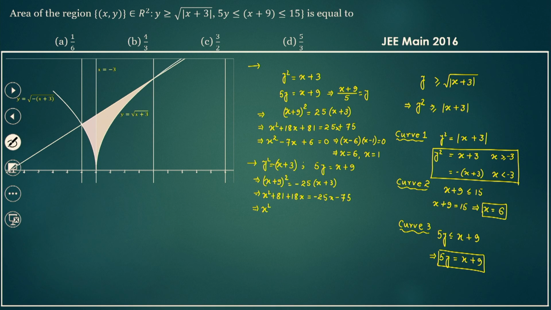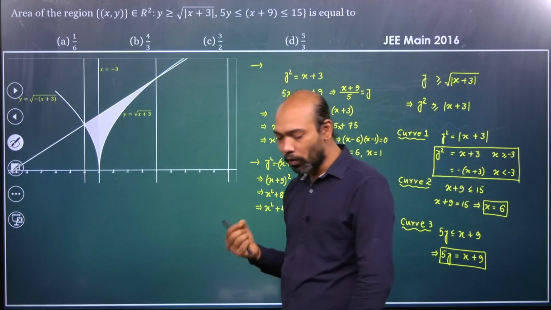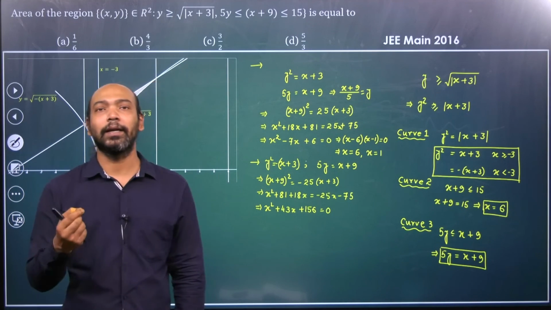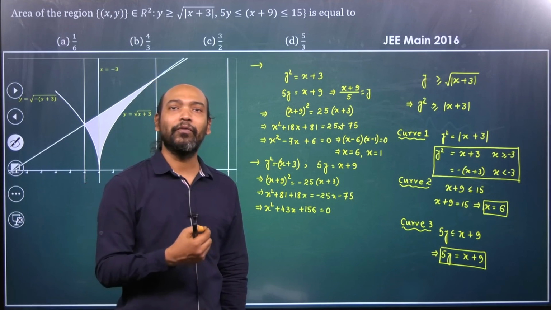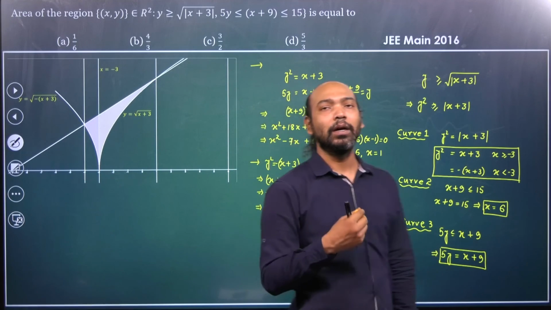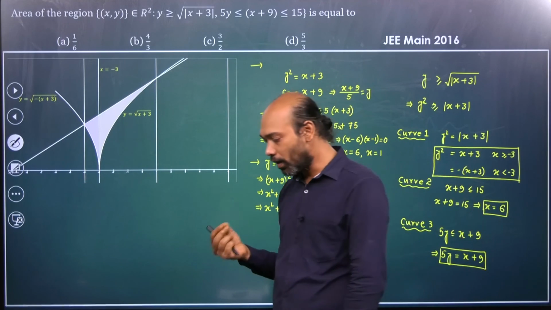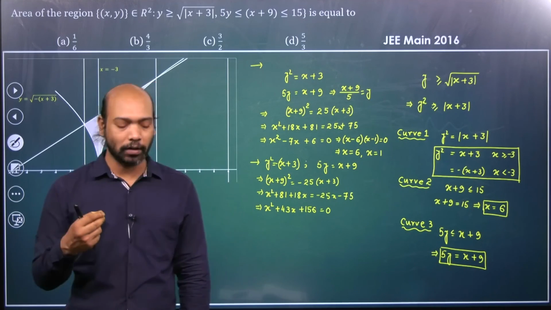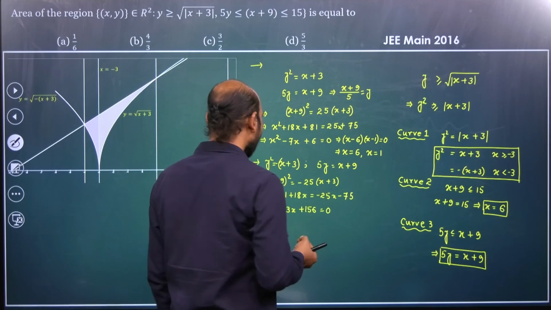So we get x squared plus 43x plus 156 equal to 0. Here we can see the quadratic equation in that particular case. Now our job is to factorize it. For this problem, I am just keeping this factorization.